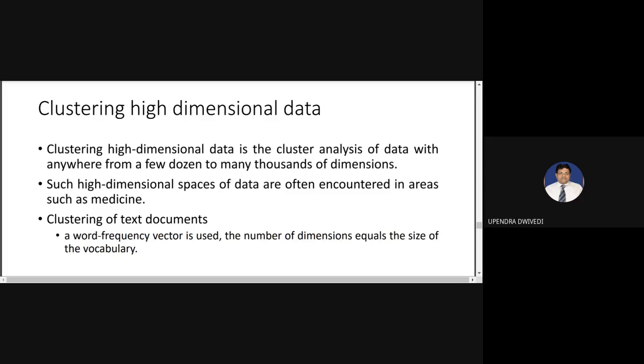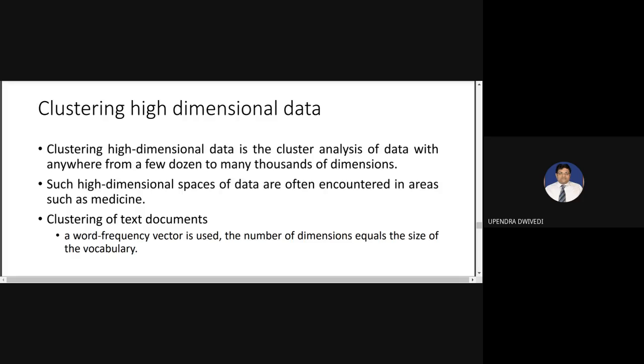Another example is clustering of text documents. In a text document, you want to cluster a large number of documents into different clusters. So you have to apply the clustering technique, and it will require a large dimension of clusters. It may be possible that you will find a large number of clusters of text documents due to their different properties.